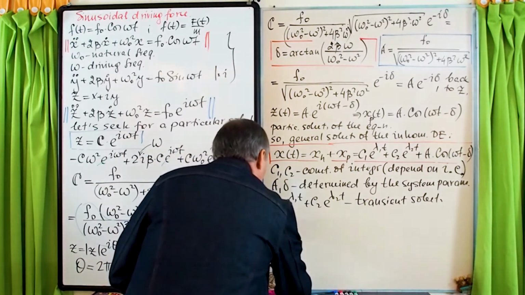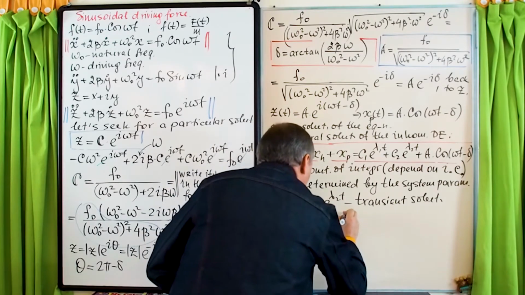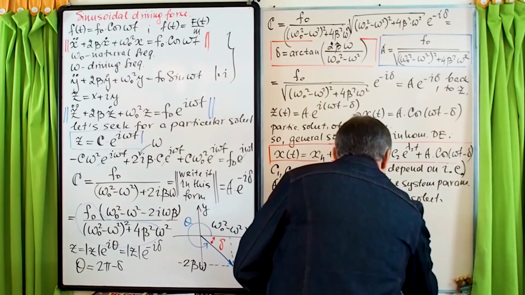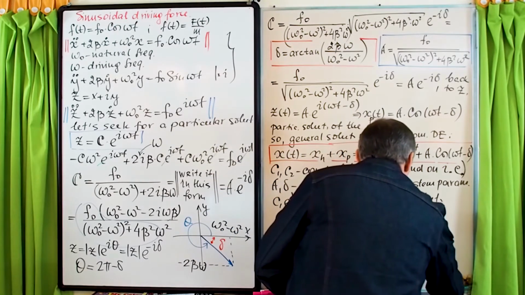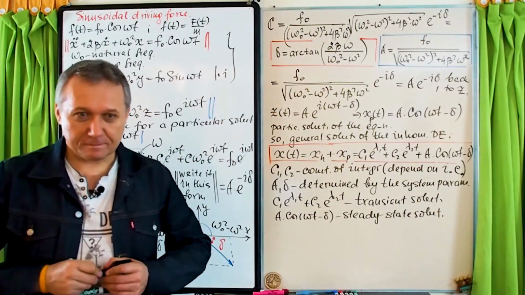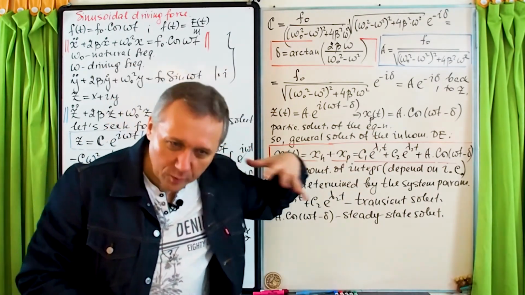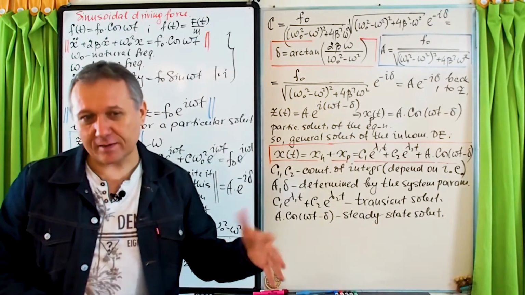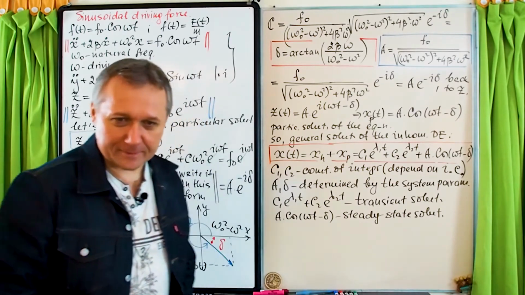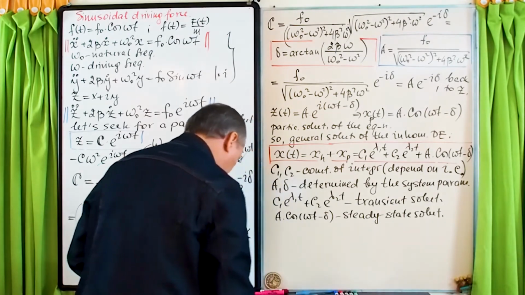And A cosine(omega t minus delta) is the steady state solution. So again, if you wait long enough, the transient solution will disappear, and the steady state solution will live forever and ever, happily ever after. All right, so let me check if I mentioned everything which I was planning.